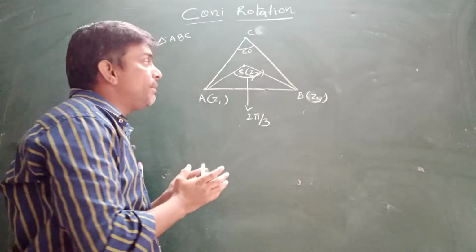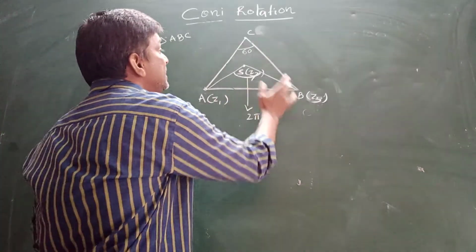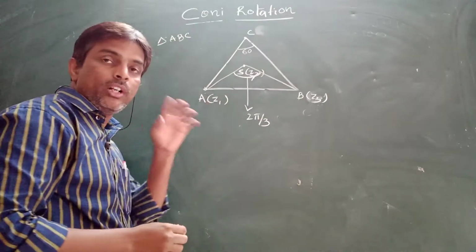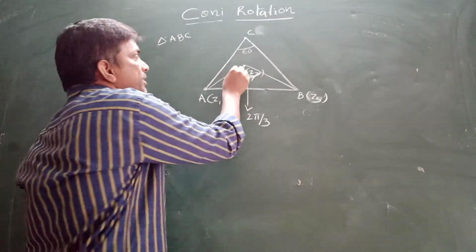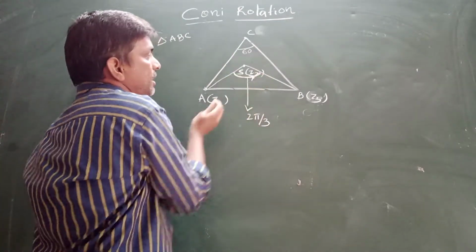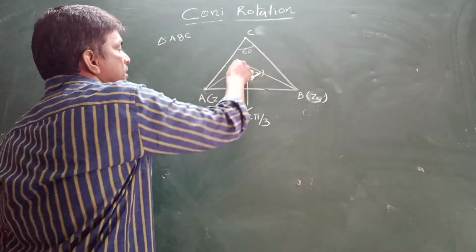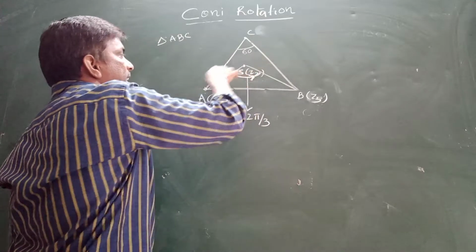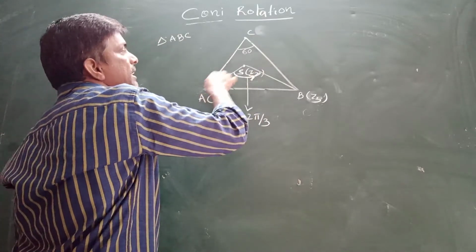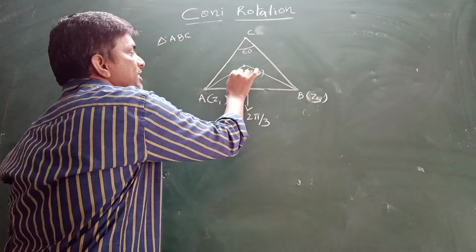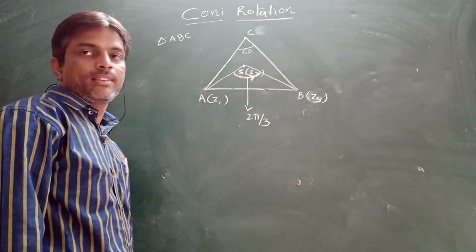Now let's see how I am going to connect Z1, Z3, S and theta. Theta is the angle between them. According to my co-rotation concept, this is the anti-clockwise direction. Here SA is rotated about S to reach B with an angle 2 pi by 3.